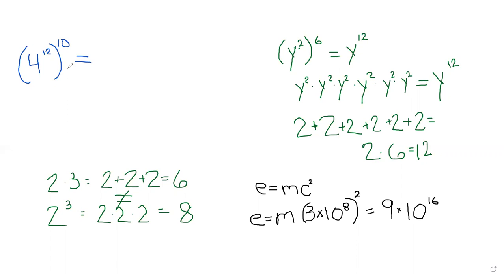I know that 4 to the 12th power raised to the 10th power, I need to multiply those exponents together, and I end up with 4 to the 12 times 10 power, which is 4 to the 120th power, which is an enormous number. Huge, absolutely huge. We're not going to math that out. The calculator would not appreciate that.